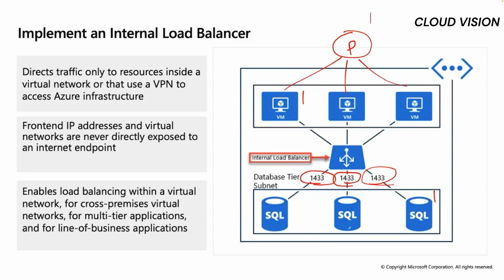It depends on how the rule has been defined and the resource availability. Okay. But the good thing is by setting this up, it's not exposed to the public network. The front-end IP address and the virtual network are never directly exposed to an internet endpoint. Okay.